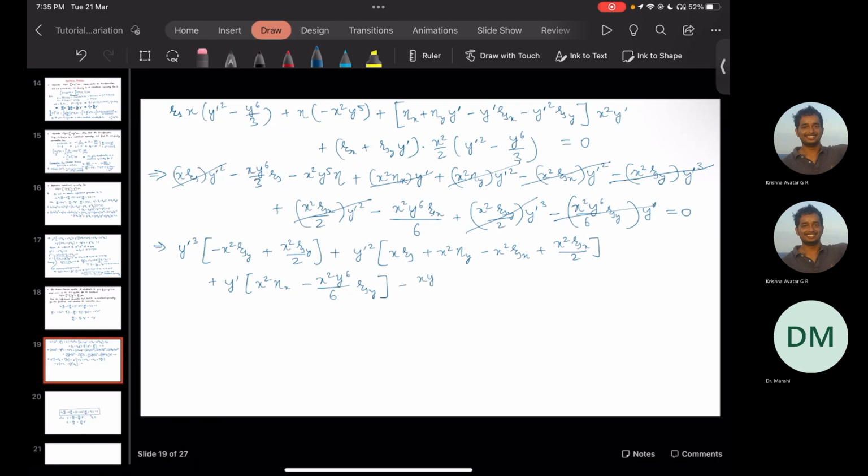The rest are by 3 xi minus x squared eta minus x squared. Fine. Now we need to equate the coefficients to 0.